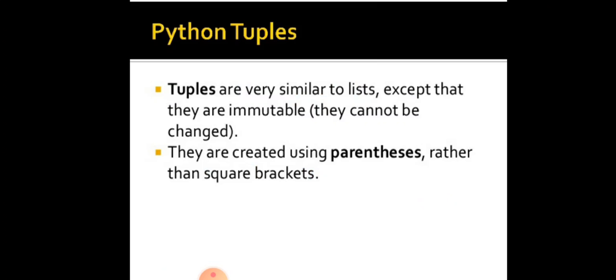They are created using parentheses rather than square brackets. The difference between list and tuple is that the contents of tuples cannot be changed, which we have discussed in a previous class also. Tuples are represented by parentheses, whereas lists use square brackets.